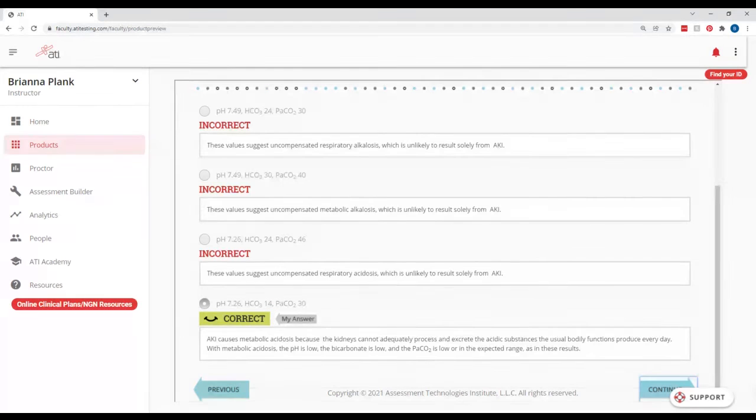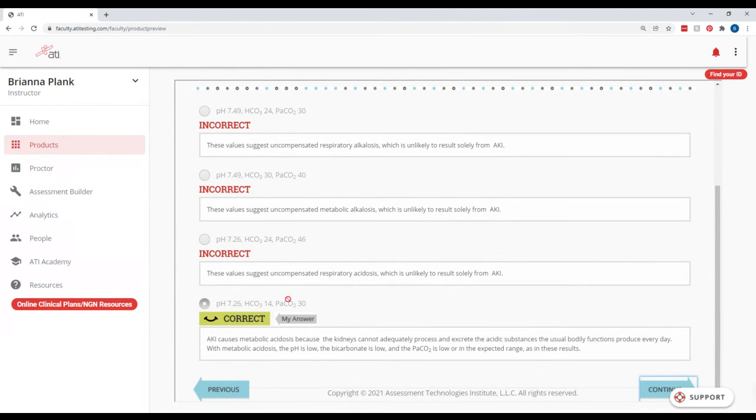So we're having an injury to our kidneys, and our kidneys in this whole acid-base balance equation are going to be producing bicarb to help regulate the acid-base balance in the body. So our bicarb in this scenario is only 14, which is too low, which shows that the kidneys are not producing enough. This has driven our pH down, so we're acidic, and our CO2 is normal, or actually it's a little bit low.